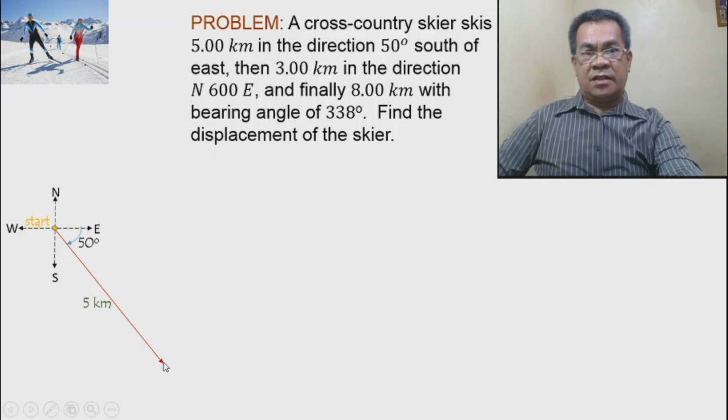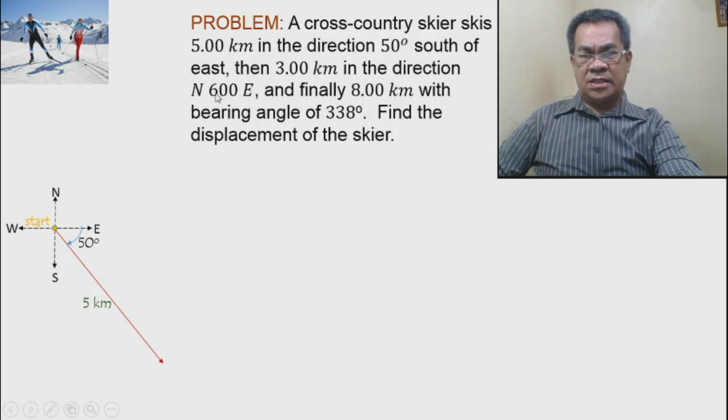So the skiers are now at this point. They started at this point, and this is now the second position. In the second position, according to this information, we have 3 kilometers in the direction of, sorry, this is 60 degrees, no, there's no 600 degrees, with north.